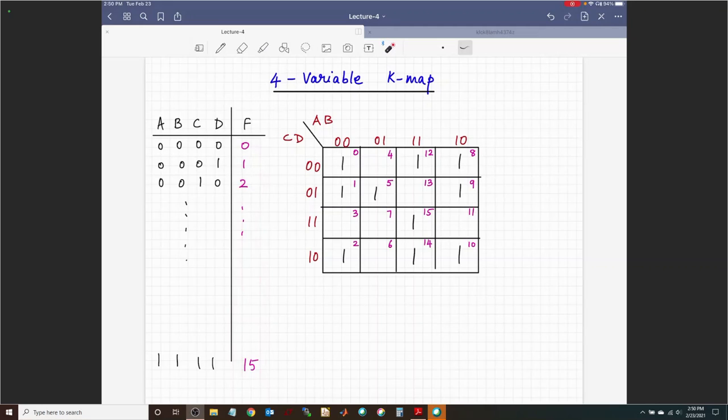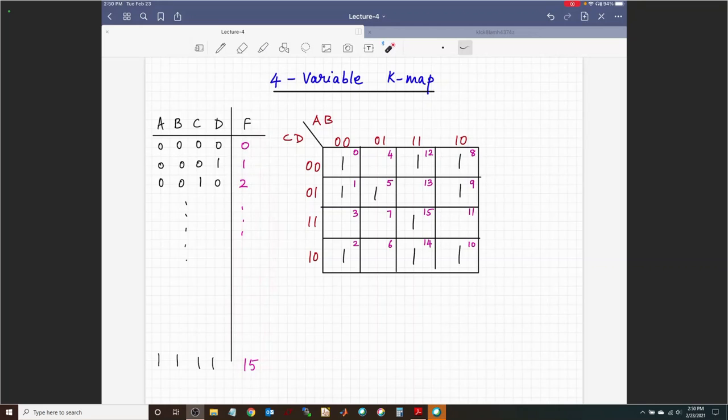Just because I'm doing this as an example, I've already entered the ones in their corresponding cells for the 4 variable K-map so that we save time.